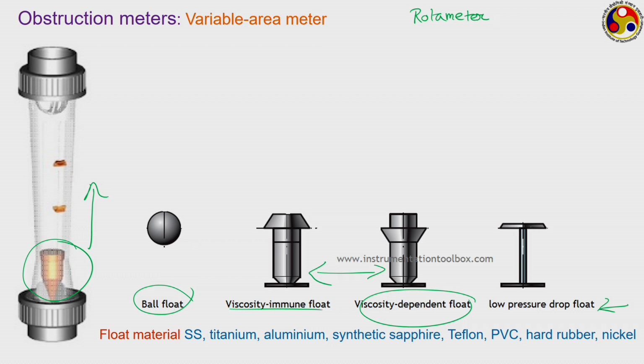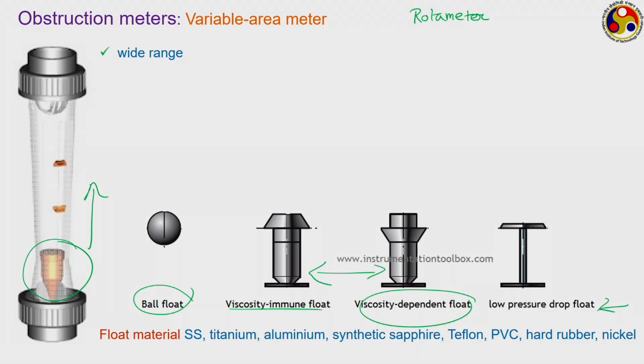Rotameter is very commonly used. You may have already found rotameters in your university laboratories, wherever you have done some fluid flow related experiments or maybe heat transfer related experiments. This is called a rotameter, which is nothing but another obstruction type meter, traditionally known as the variable area meter. It has several advantages, like it can serve a wide range of operation.